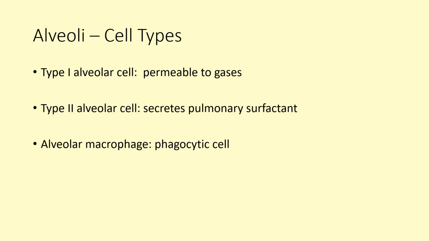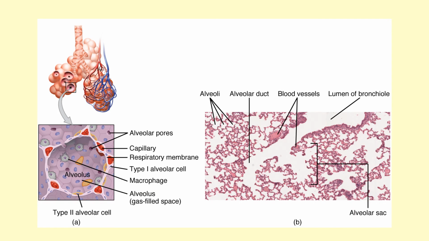Because you're inhaling, who knows what's in that air? There could be foreign bacteria, viruses, and so you want to have a lot of phagocytic cells there that can immediately attack and destroy anything foreign to prevent it from being able to get into the blood and then go anywhere it wants in the body. So it's preventing infection from occurring in there.